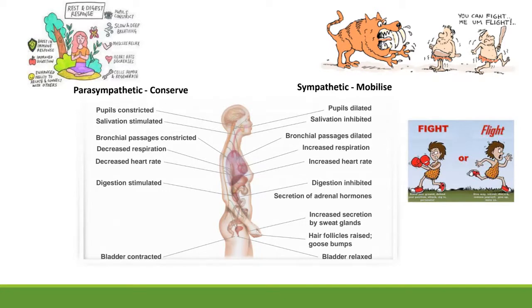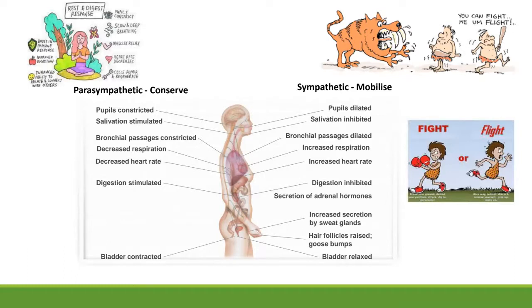Your heart starts to beat more. Adrenaline is secreted. You start to sweat. The hair follicles, you get goosebumps. Your bladder might relax itself. So all of those things happen at that point in time where something comes in your way that gives you that response that you need to fight it or just run. That's your sympathetic nervous system being mobilized.